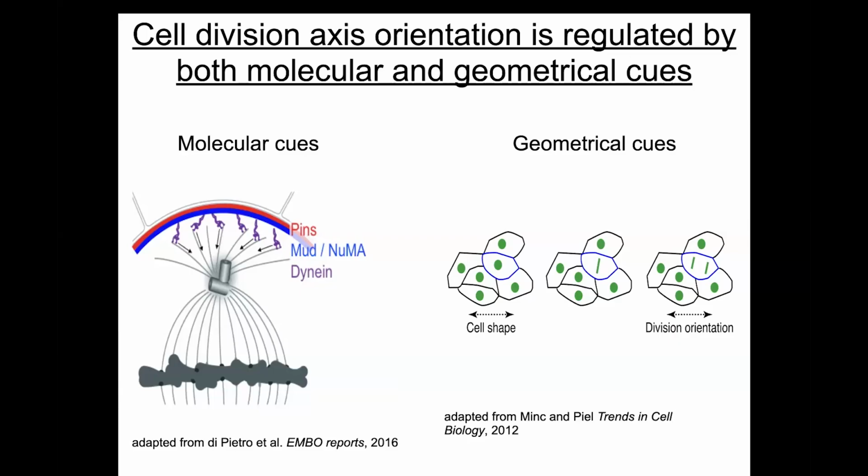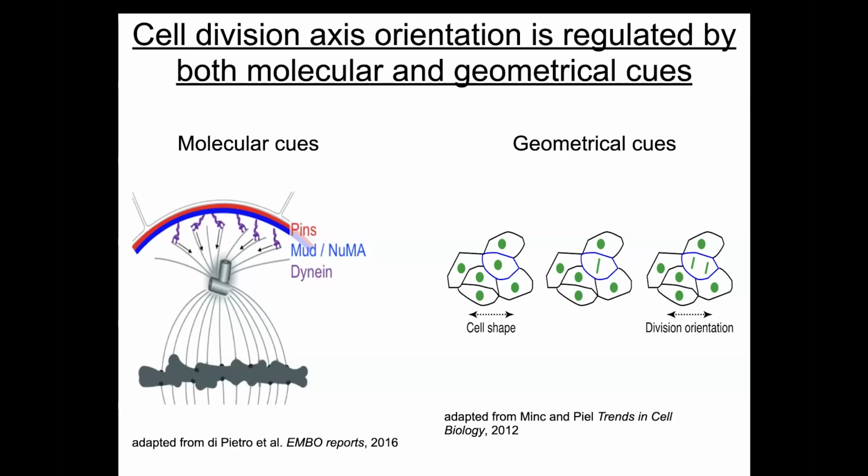But there are also geometrical cues, such as cell shape. And cells tend to divide along their long axis. This is known as Hertwig's rule. And you can see that here. This cell is slightly anisotropic, being longer along this axis, and the cell divides along this axis. So these two principles both operate for the division angle.